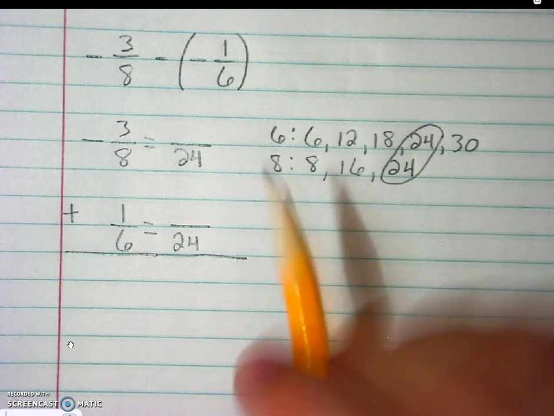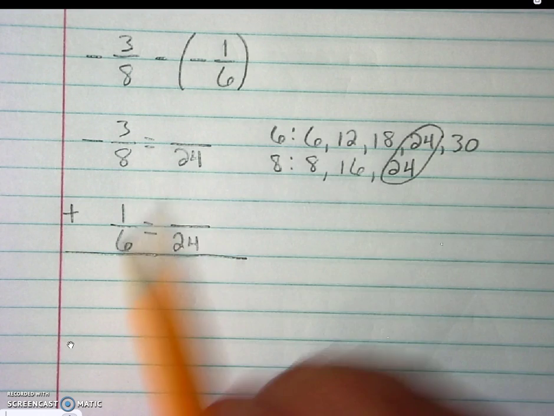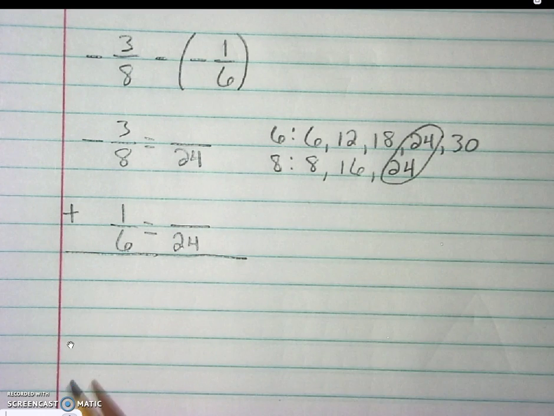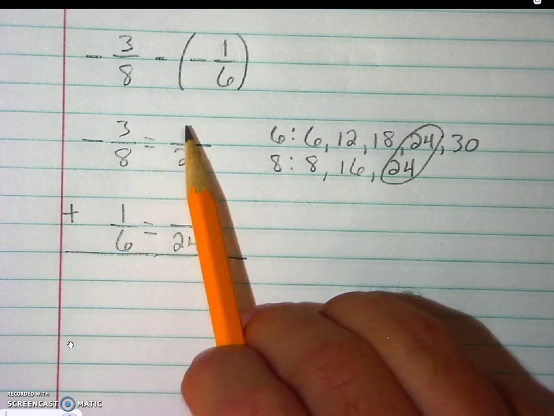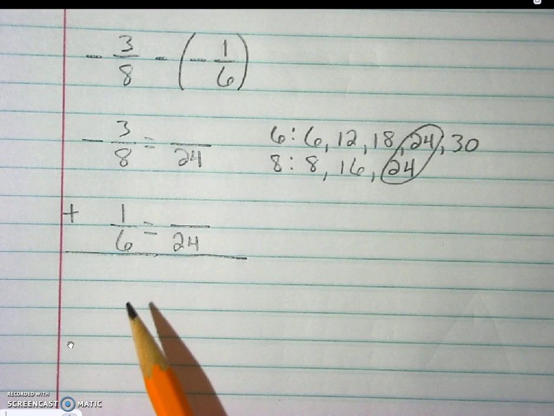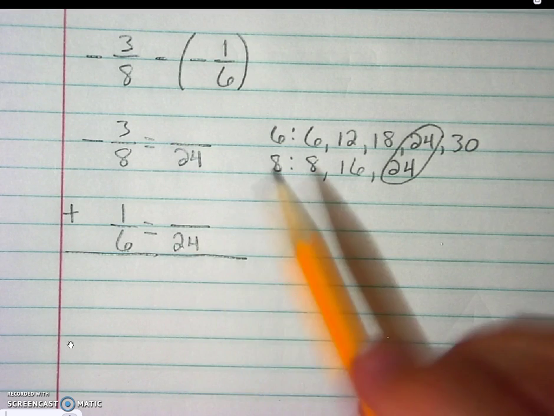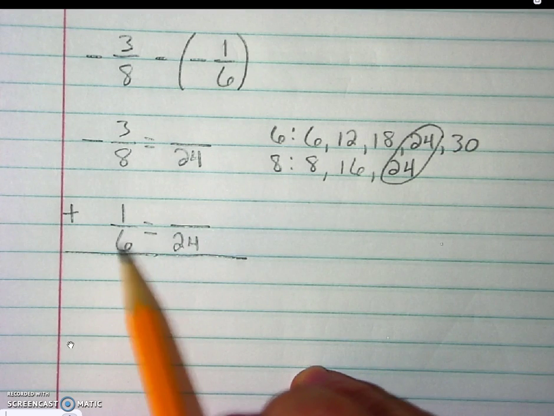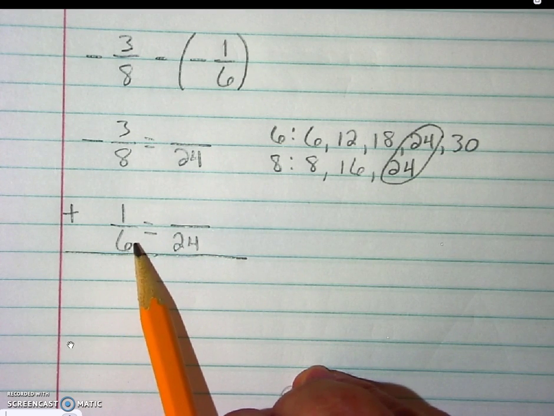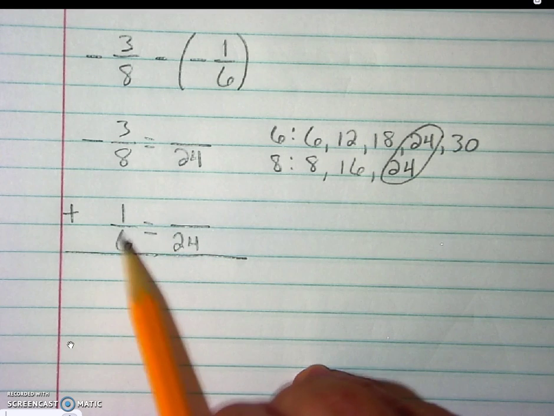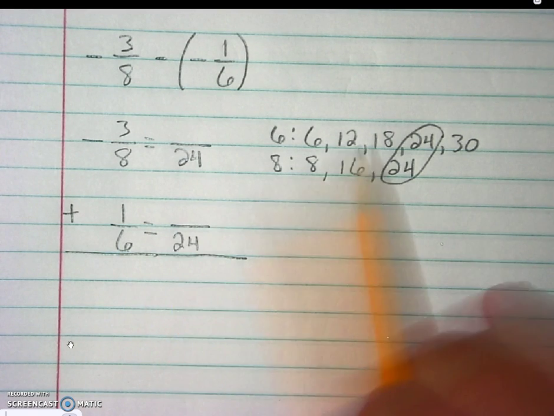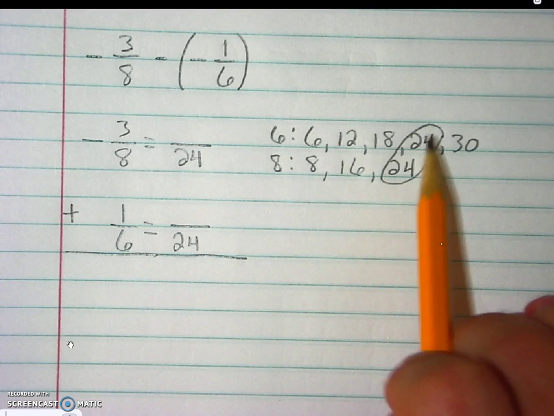Now, our denominator has changed for both of our numbers, so our numerator must change for both of our numbers. The way that we identify our new numerator is by identifying what we multiplied our denominator by. In the bottom number here, we multiplied our 6 by 1, 2, 3, 4.